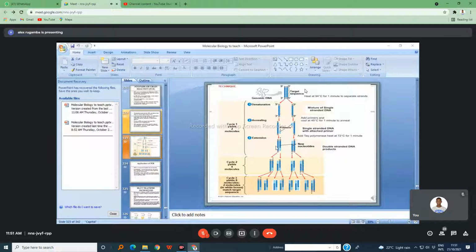Kuri wa muntu ufite COVID, primer kuko zafashe, so the RNA polymerase will come and start the transcription. Kubera ko primers zitabaye attached, RNA polymerase will not act. And then it makes a lot of copies of that strand.